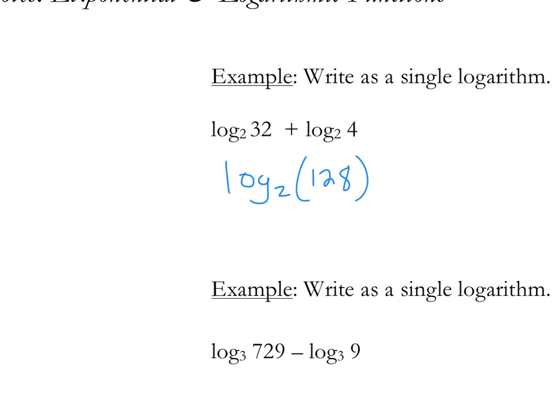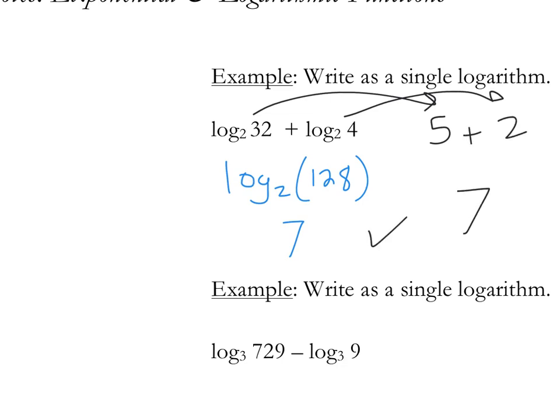So this here asks me 2 to what power is 128? Well, it's 7. Let's make sure we believe that rule. I can also write this over here. Log base 2 of 32 is 5, and the log base 2 of 4 is 2, and again, we get 7. We've checked our work.